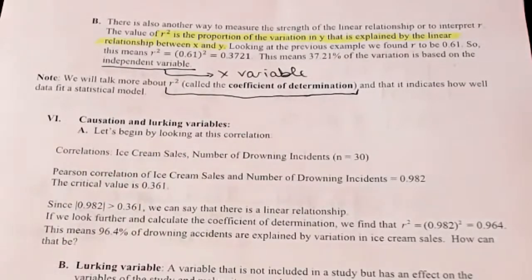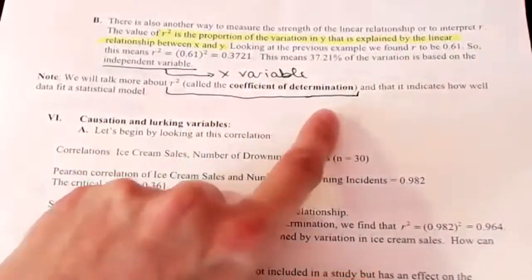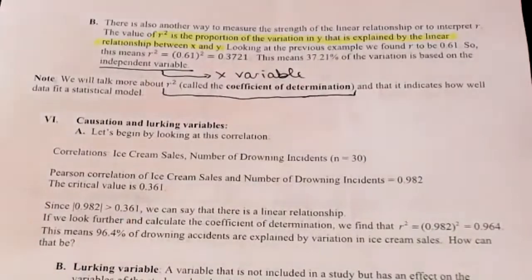I think with examples and writing out the actual statement, it's going to make a lot more sense. So hold on to that idea for a moment and just consider the fact that this R squared, your coefficient of determination, will indicate how well that data fit a statistical model, okay? It lets us know that the variation is explained by the independent variable.